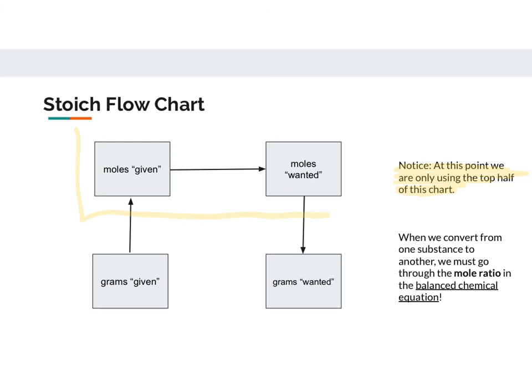This is the only part of this flowchart that we learned today. All right, now in order to get from moles of given to moles of wanted, we had to go through our mole ratio. And we found this mole ratio in our balanced chemical equation.